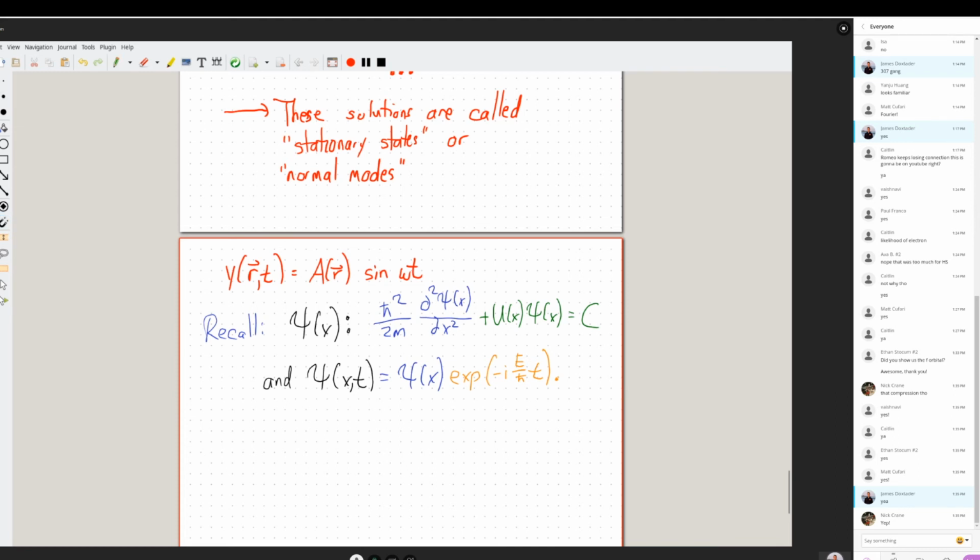But we can't make any more progress now without knowing what the potential is.